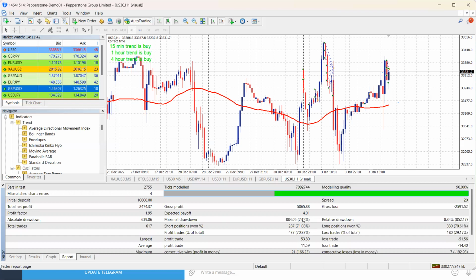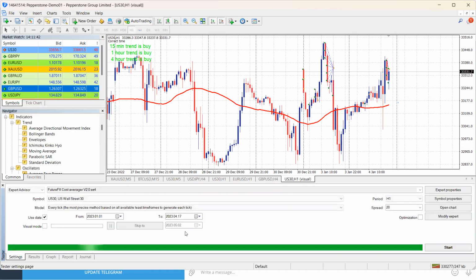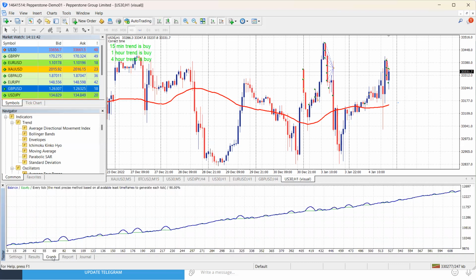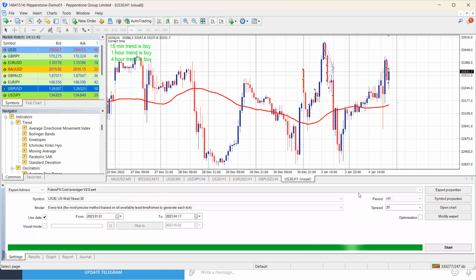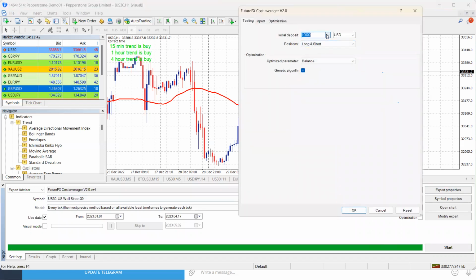So still a little high for prop accounts, but you can still tone down the settings a bit more and keep it under 5. You dial it down to 4% equity protection, keeping it under the 5. Easiest way, we'll make it a $25,000 account.